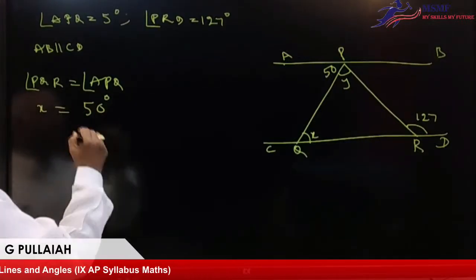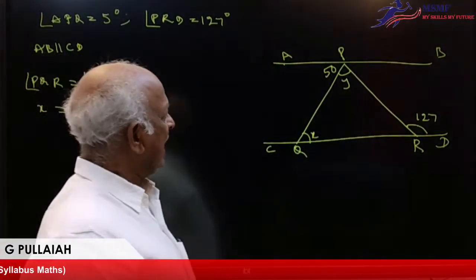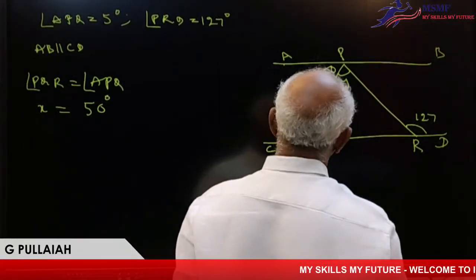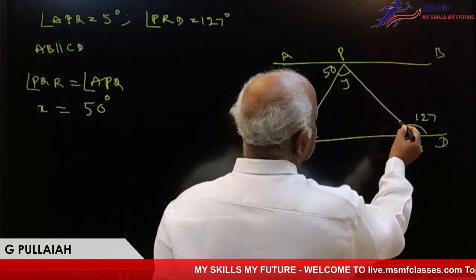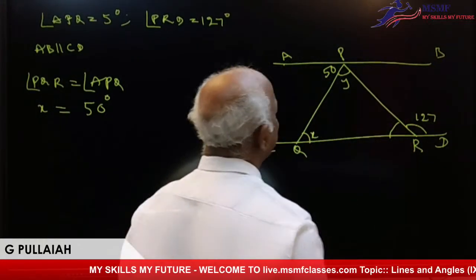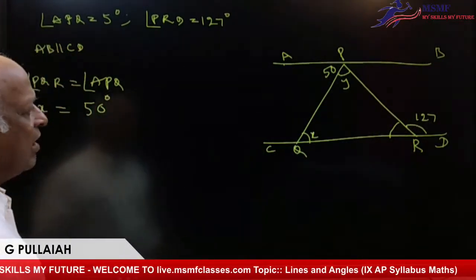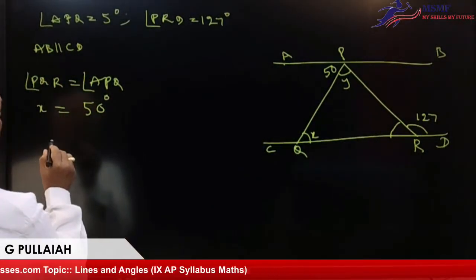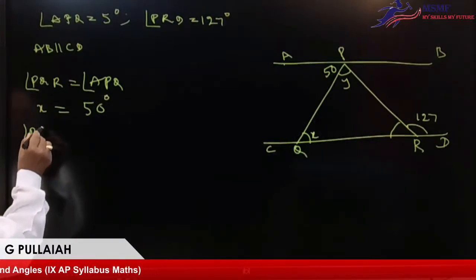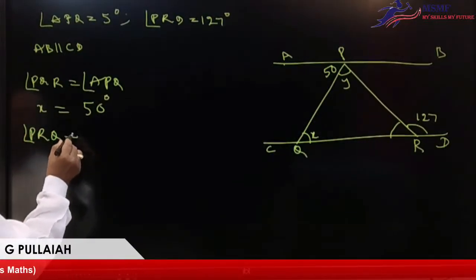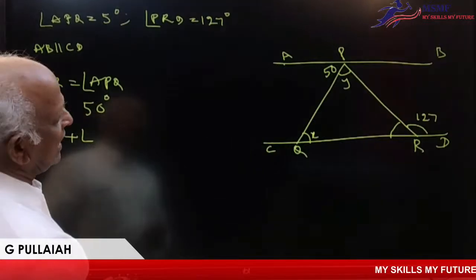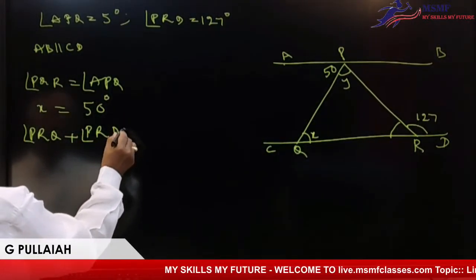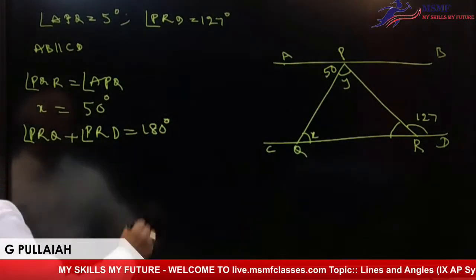First of all, and then think it very carefully here. Now you got x is equal to 50 degrees, and here this is the linear pair. Or we can say here angle PRQ plus angle PRD is 180 degrees.